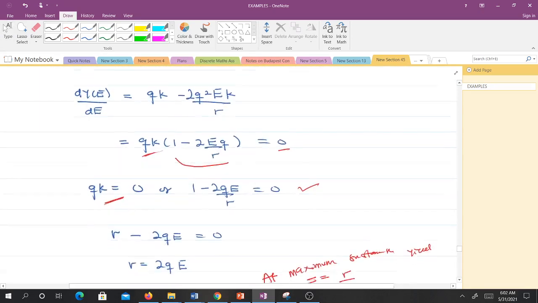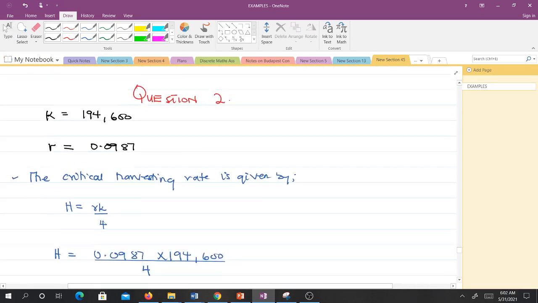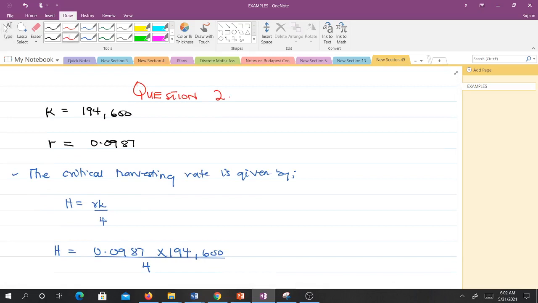Okay, so let's solve that question. From question 2, our carrying capacity was given to be 194,600, and the intrinsic growth rate is given to be 0.0987. We have to find a critical harvesting rate which will drive the population into extinction.